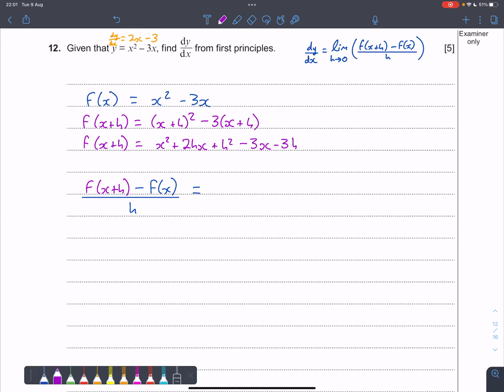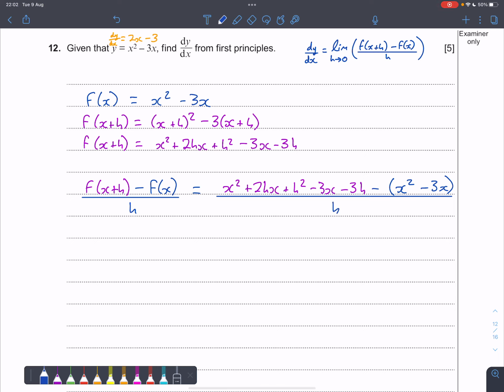So my f of x plus h is x squared plus 2hx plus h squared minus 3x minus 3h. And then I'm going to subtract all of my original f of x. So I'm going to put it all in brackets because I'm subtracting the whole thing. x squared minus 3x. And that's all over h.